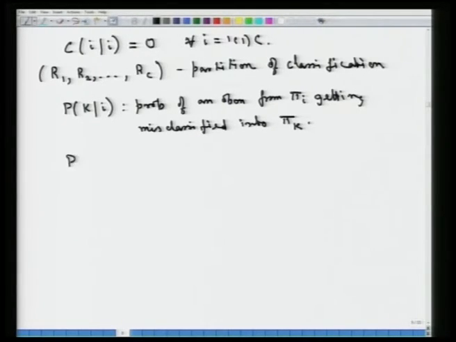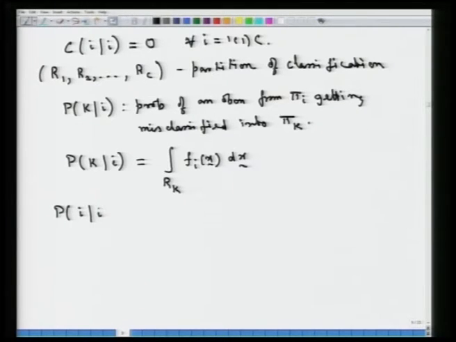Now, what is this equal to? P(k given i) is going to be the integral over the region R_k, because we are putting it into the kth population, wherein the observation is coming from the ith population. So, it has got a density f_i(x) dx, right.